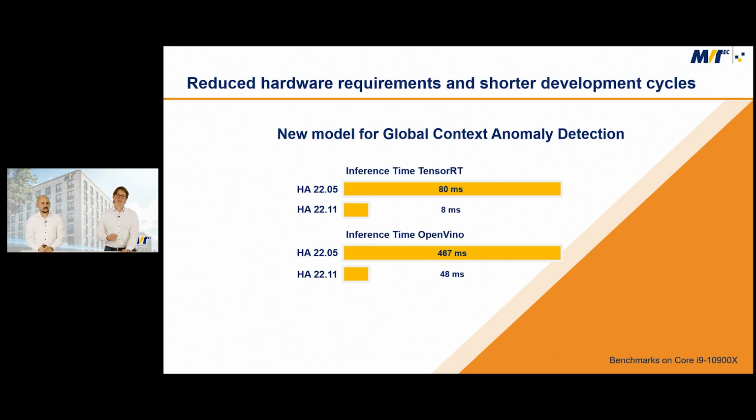Of course, as I wanted to say earlier, inference times have improved as well. Here, again, the 1080 is shown on the top with the acceleration through TensorRT, and on the bottom we have an Intel Core i9. And both went down by a factor of 10, which is a huge improvement. And again, as it can't be said enough times, this is also available in the deep learning tool.